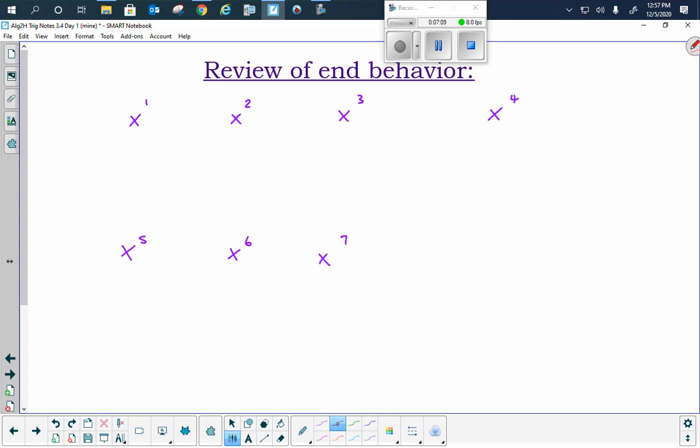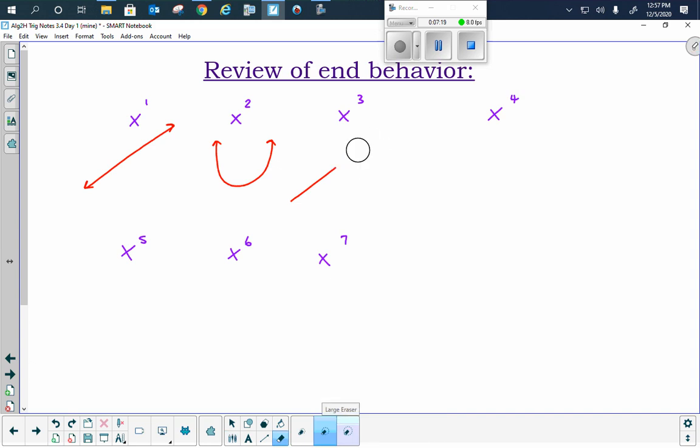Okay, because we're talking about the end behavior. Remember, 1 should look like this, parabola, 2 should look like that, cubic should look like this. Remember, we're focusing on the arrows.